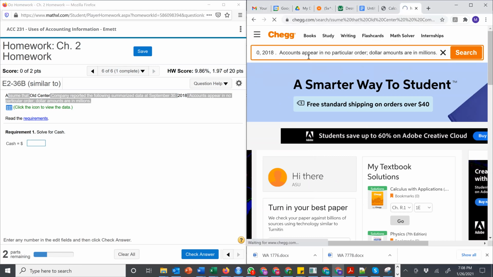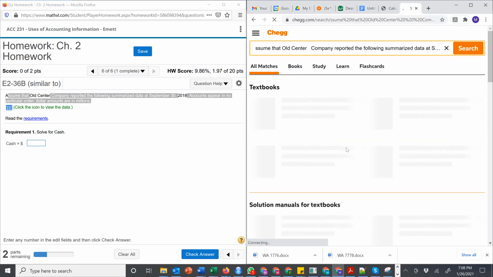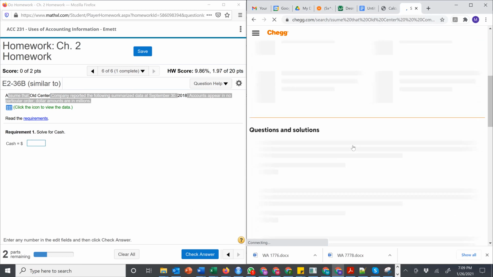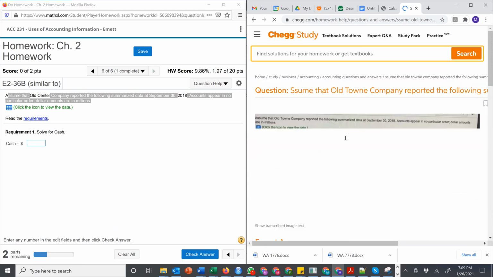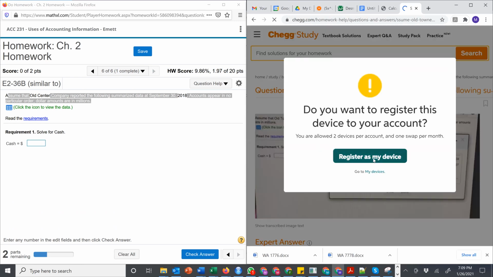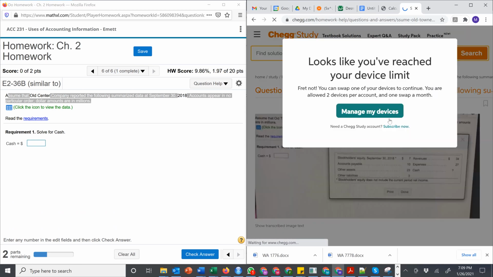Hopefully there's one. There usually are several of them, and you start punching the numbers in. If you don't have a Chegg account, you definitely want to do that.